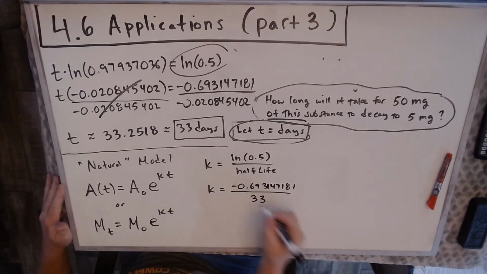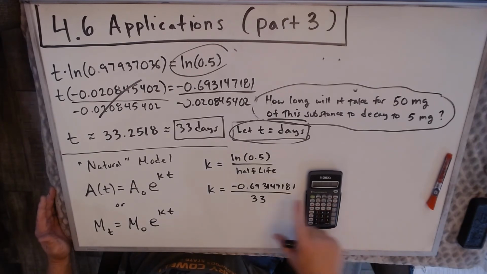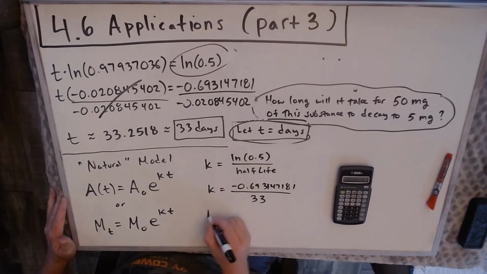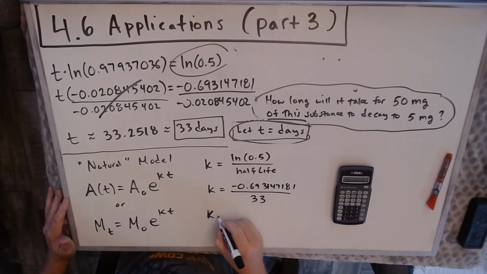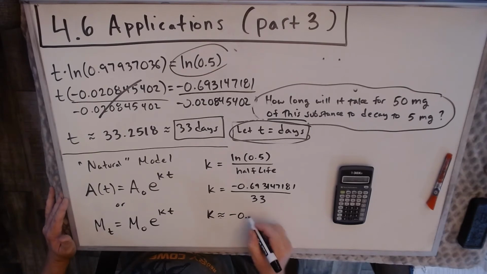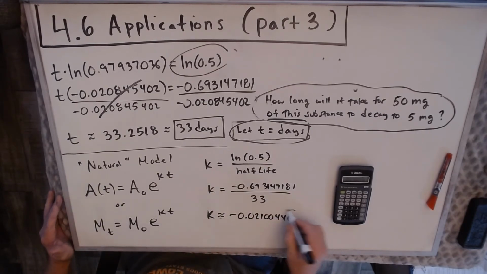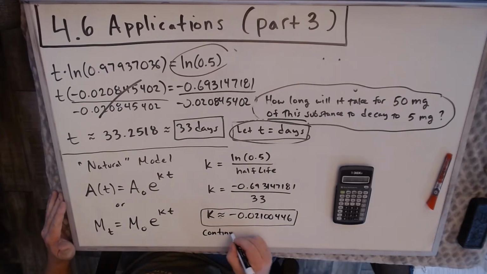Divided by 33. So ln of a half divided by 33. This is a decaying substance, so it better be a negative constant, negative 0.02100446. So this is our continuous decay constant.